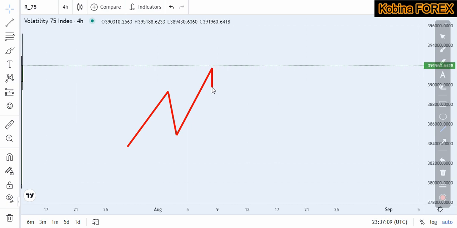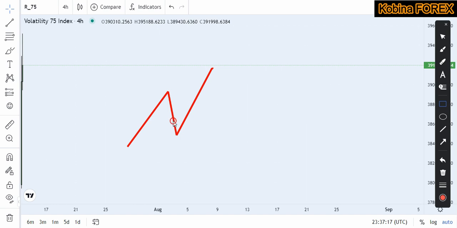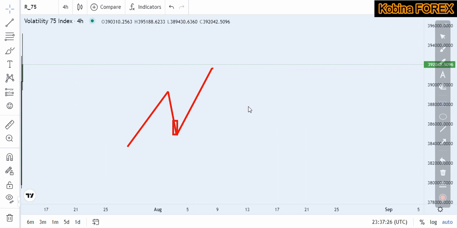And then instead of it continuing down, if you have a pattern like this, we usually have the market forming what we call order blocks inside this area, and what we expect is that the market should trade into the order block and then bounce, continuing in the direction of the trade.